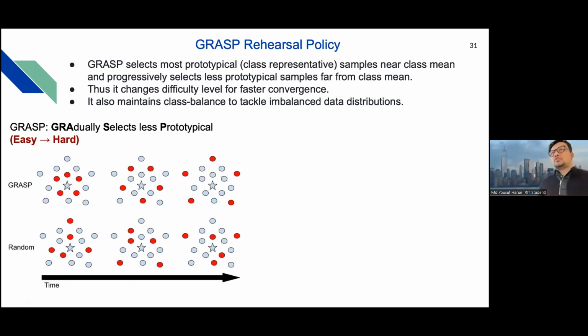For each category, you take the class mean and select easy samples that are near this class mean. The samples near class means are the most prototypical examples, meaning highly class representative. The other extreme is sampling examples that are far from the class mean, which are less prototypical and less class representative, and they can be harder.